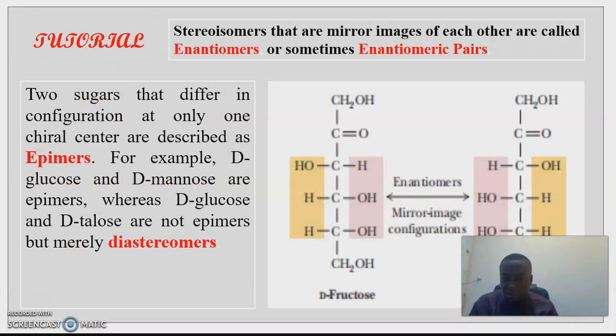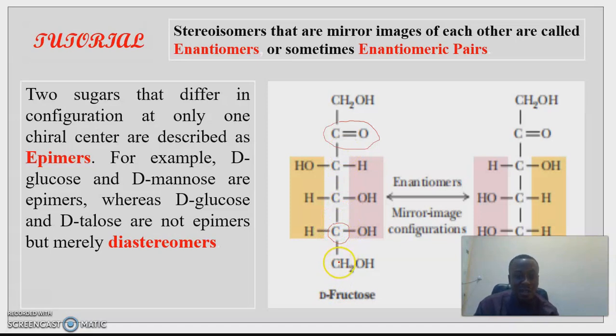Now, this is the structure of fructose. This is the carbonyl carbon. The carbon that is farthest from the carbonyl carbon, this carbon is the farthest one from this carbonyl carbon, not this one. This one is actually the functional group of that, the last carbon.